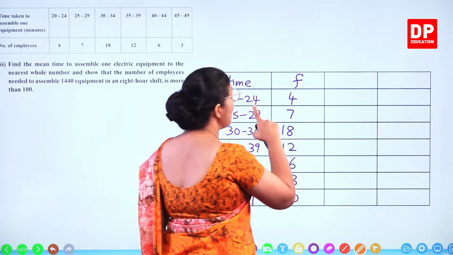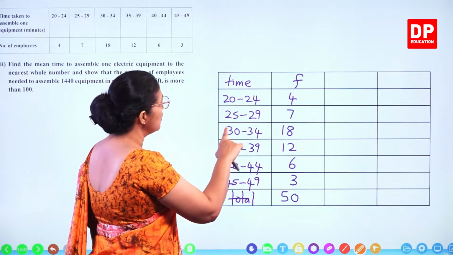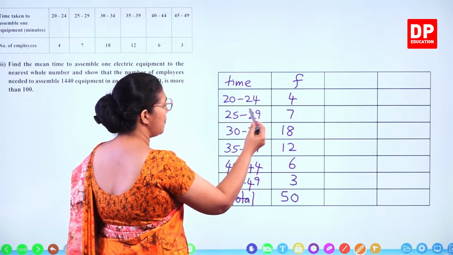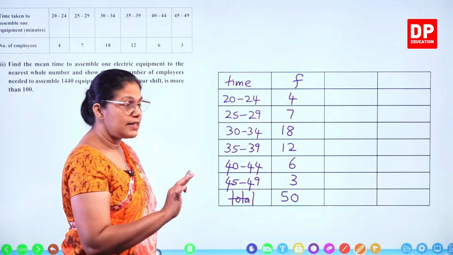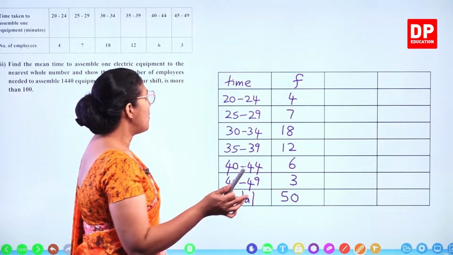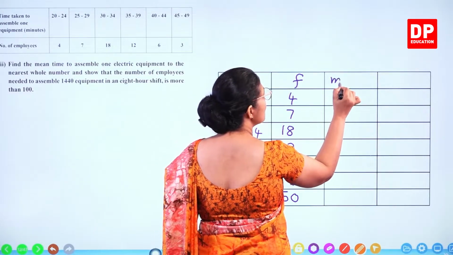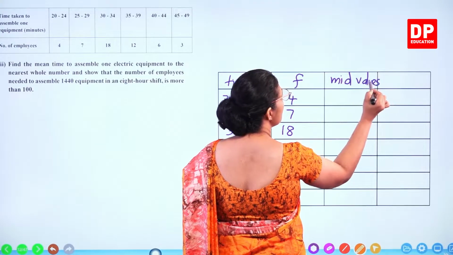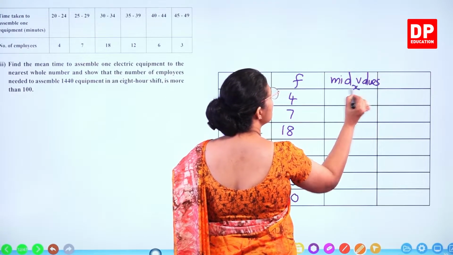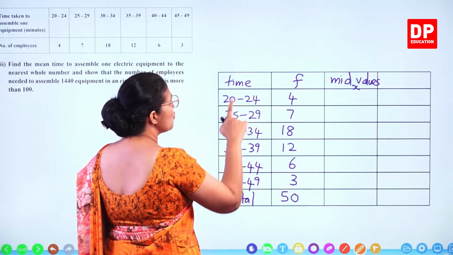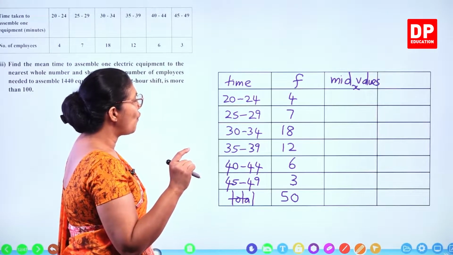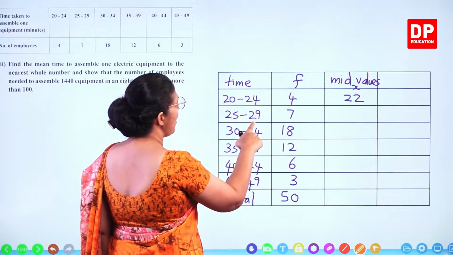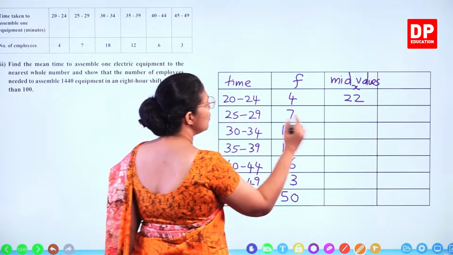And we can find the mid values of the intervals. So these are class limits. There's a gap, but it doesn't matter. You can just add the limits and divide by 2 to get the mid values. So mid values, that's our x values. 20 plus 24, 44, divide by 2, that's 22. 25 plus 29 and divide by 2, you get 27.